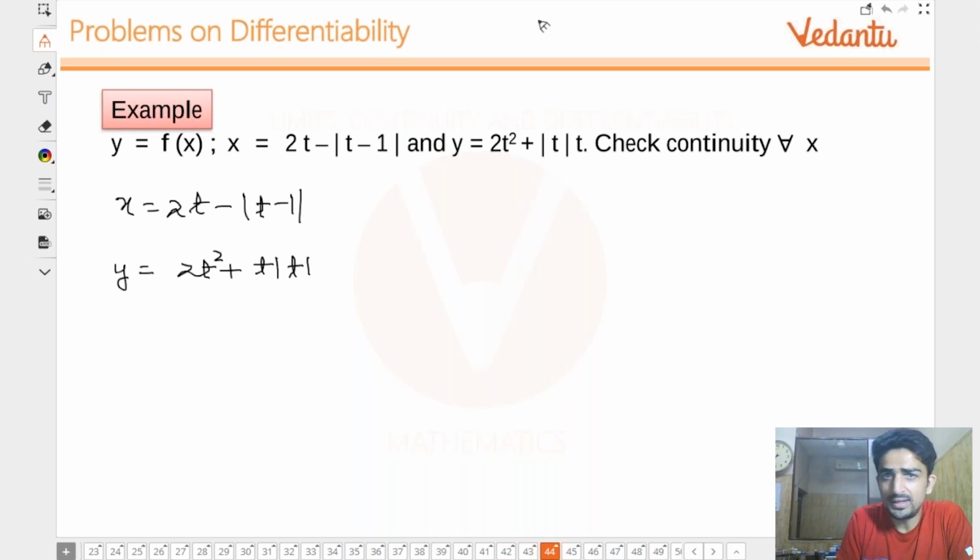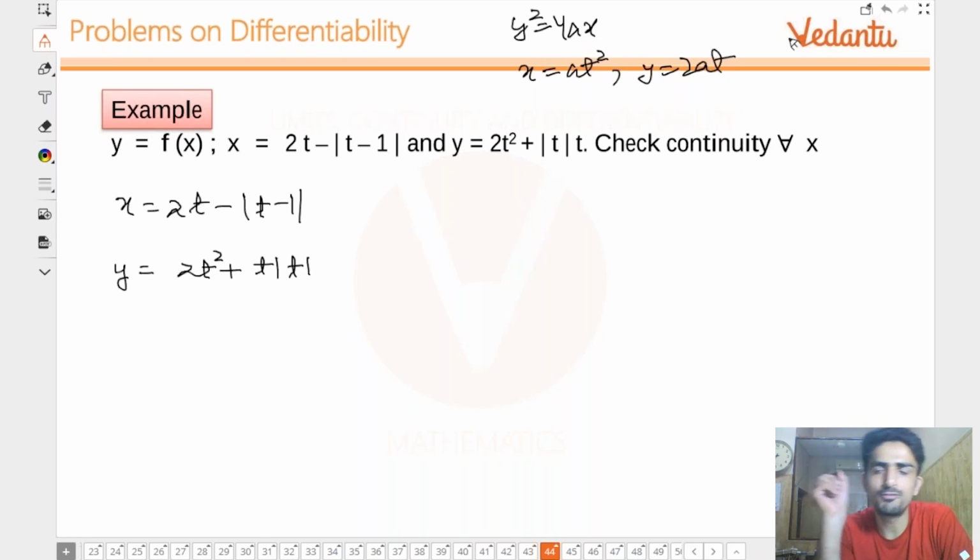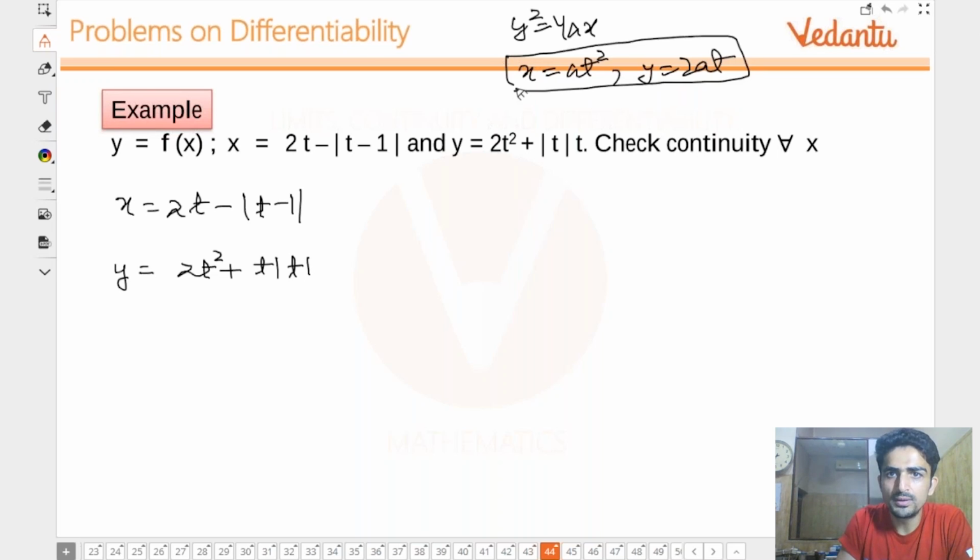Guys, if you remember in 11th class, in parabola, you did parametric form, x equal to at square, y equal to 2at. Do you remember that? Parametric form of parabola. Okay, very good. Guys, given a parametric form, you can always tell what is the function.